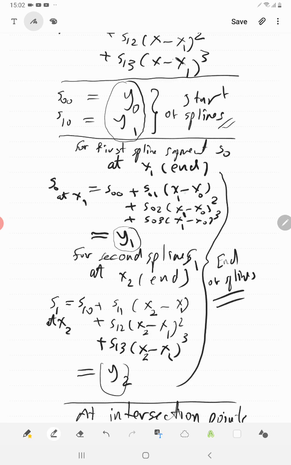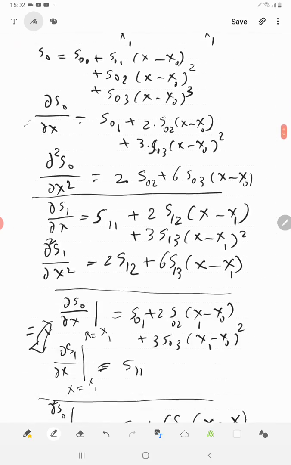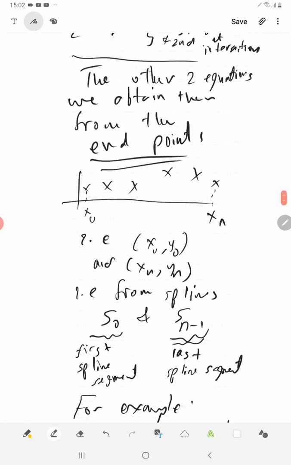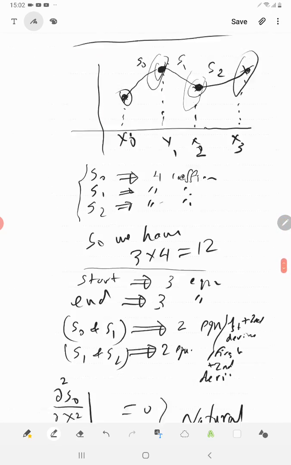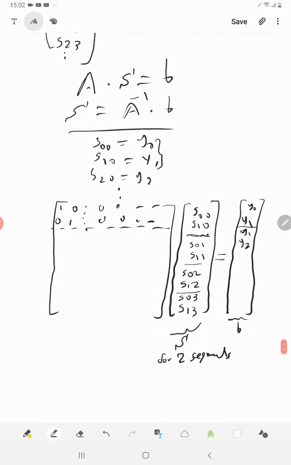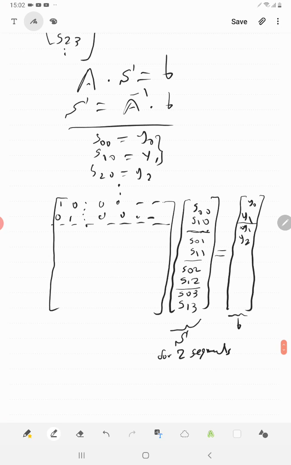So if we name X1 minus X0 as H0, then we have S01 multiplied by H0, S02 multiplied by H0 squared, S03 multiplied by H0 cubed, and S00 by itself. So if we put these ones into there, what you obtain here is 0, 0, then you get 1 here, okay.